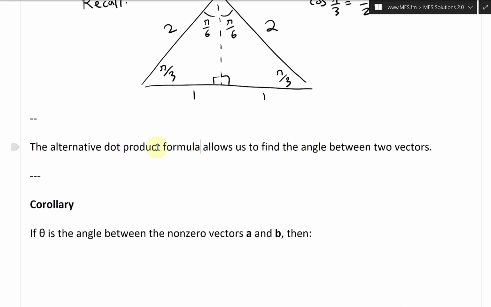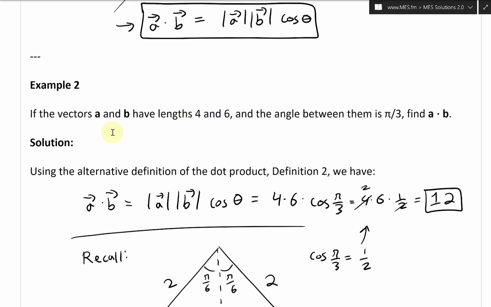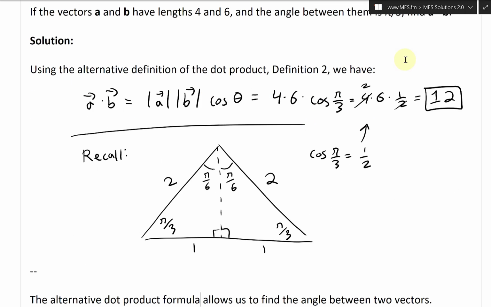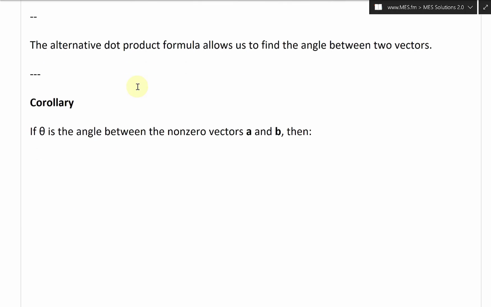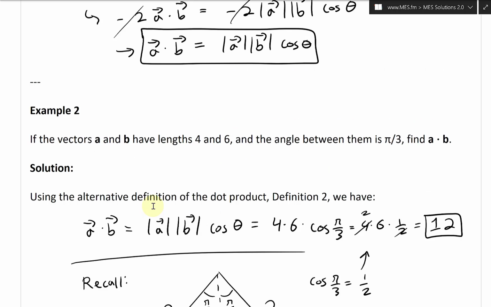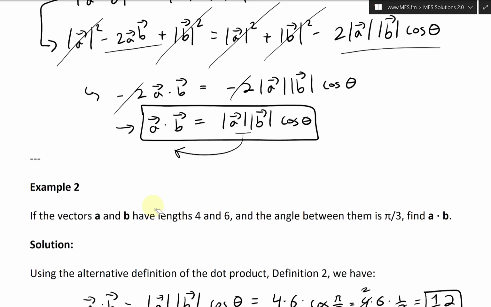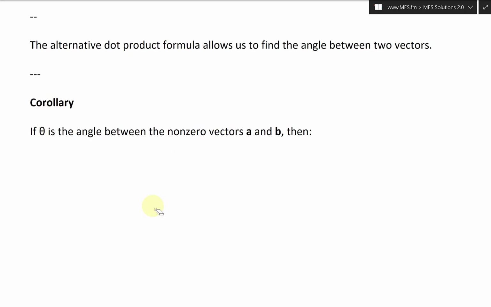The alternative dot product formula, or definition 2, allows us to find the angle between two vectors. If we have the lengths and the dot product, we can just find the angle. So, corollary. In other words, this is a theorem that follows from another one. If theta is the angle between the non-zero vectors a and b, then we can just rearrange this formula and move these across to the other side, so we're just left with the cosine.